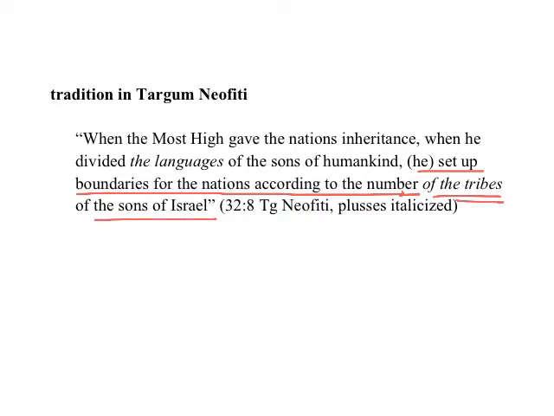So that is, Neofiti takes that this is 12 nations that the Lord separated according to the number of the tribes of the sons of Israel. So it appears that this plus of Targum Neofiti agrees with the tradition referred to relative to the Samaritan Pentateuch.